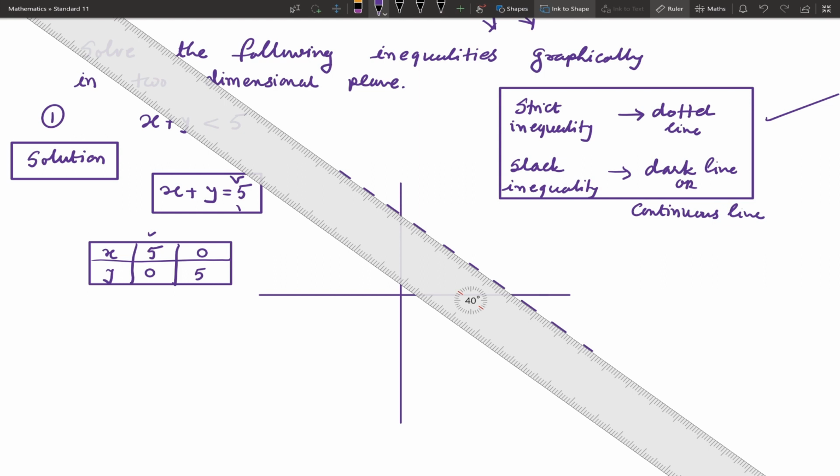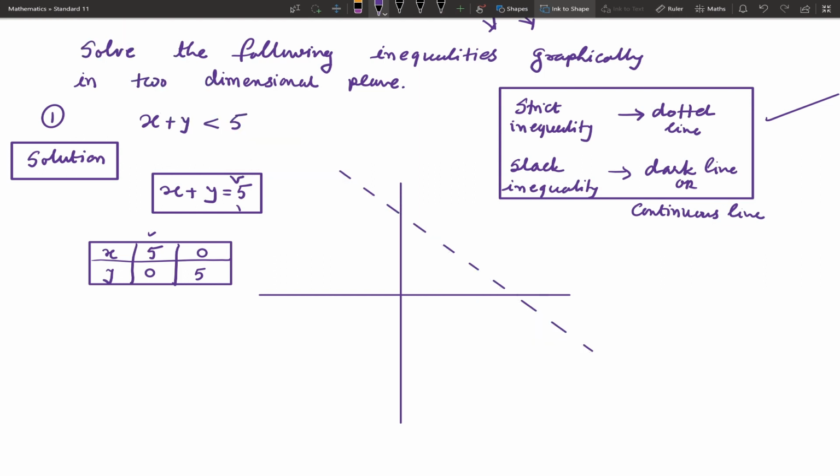Since the inequality is a strict inequality, there will be a dotted line.